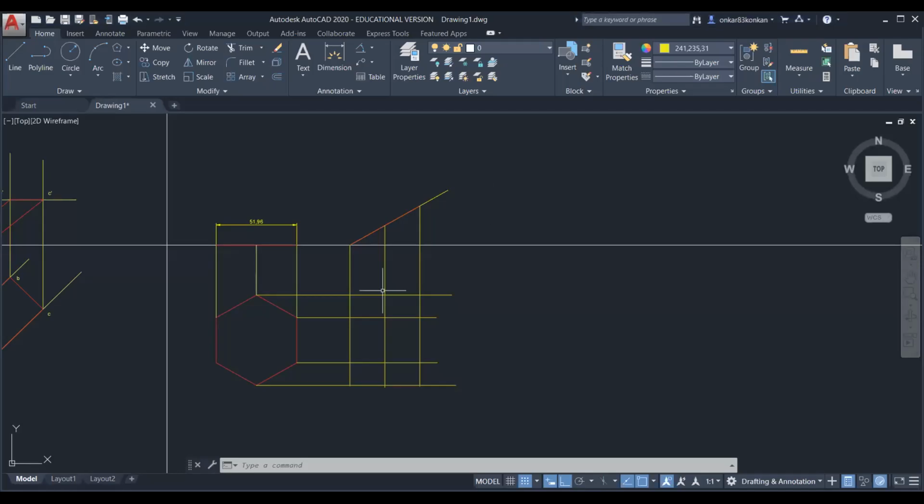So once you take the projection from the first stage top view, then find out the intersections.